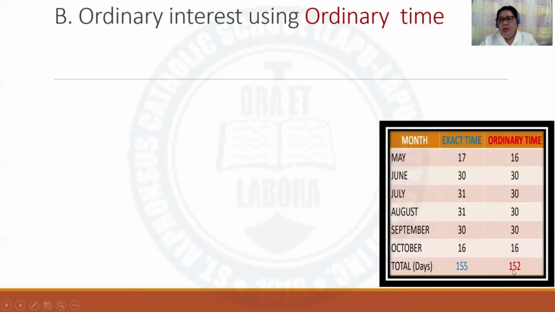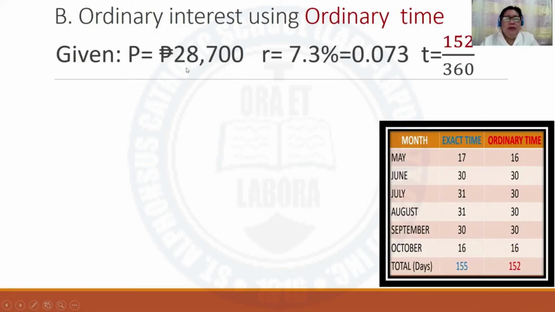Next, computing for the ordinary interest using ordinary time. The number of days for ordinary time is 152. So, given, we are going to use the same principle: 28,700, the rate is 0.073 and time now is 152. Still, it is over 360 because we're talking of ordinary interest.